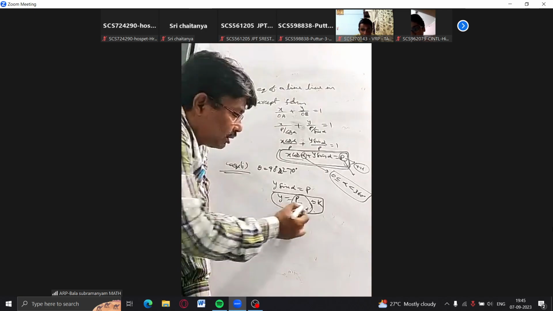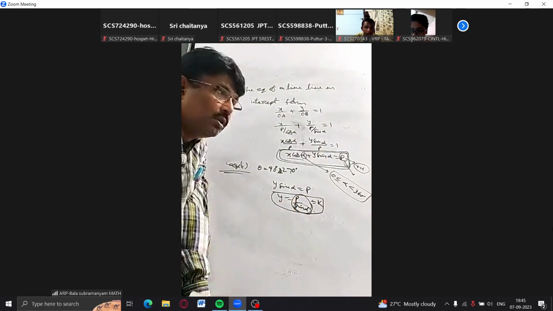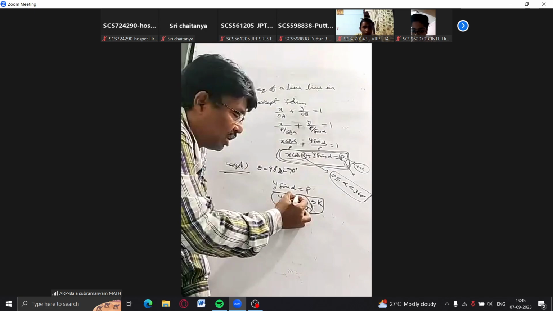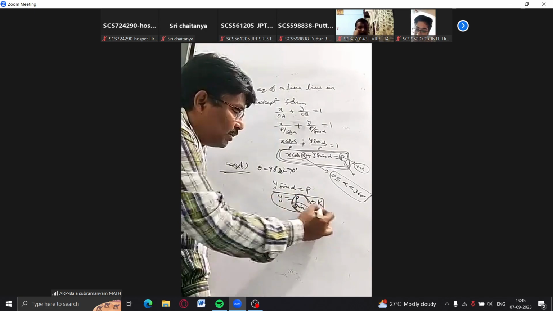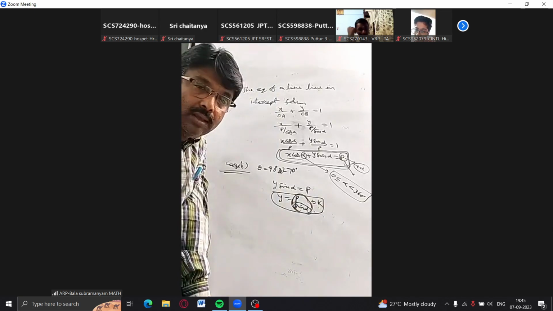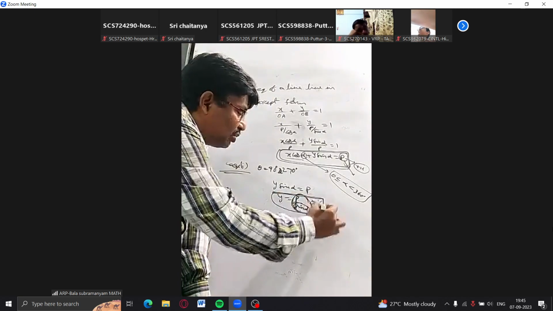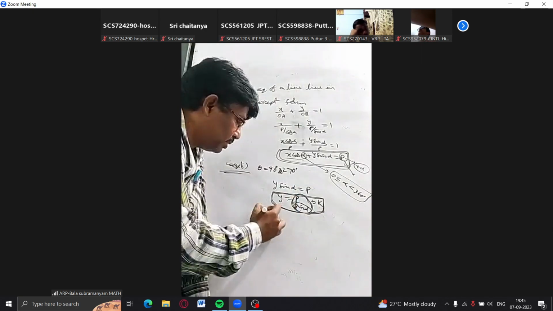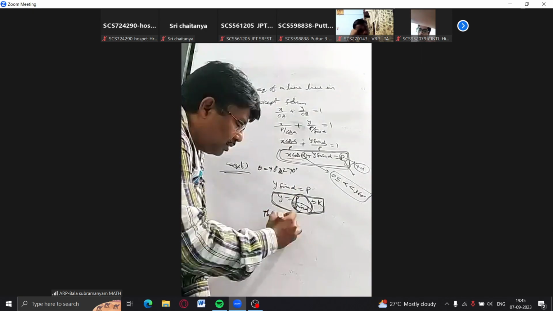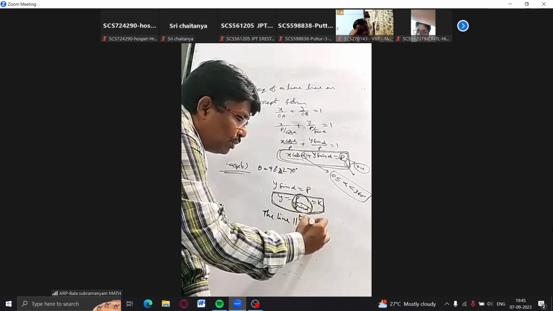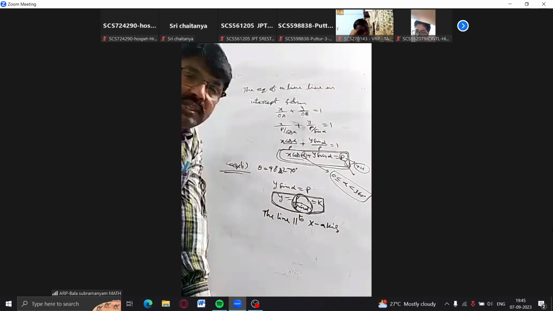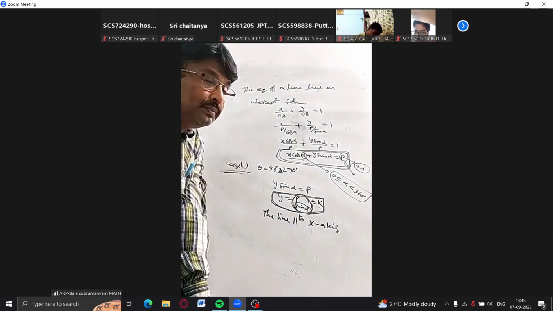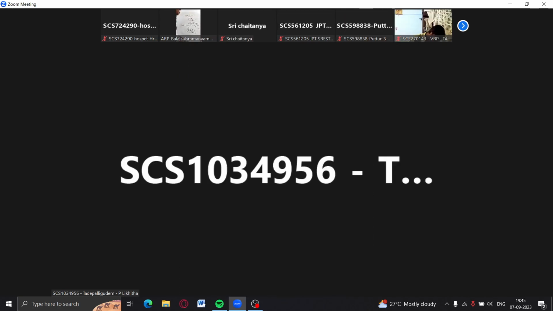P is constant and sin alpha is also constant, so this can be taken as k, which is of the form y is equal to k. Any equation y is equal to k is a line parallel to x-axis. This is the first case. Is it clear? Yes, sir. Second case, Case 2.